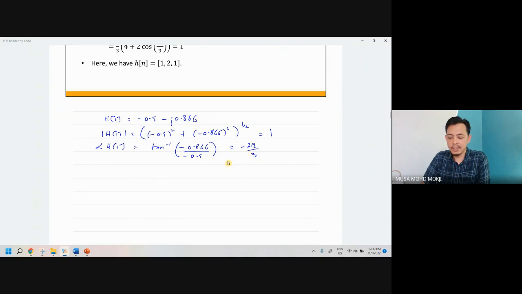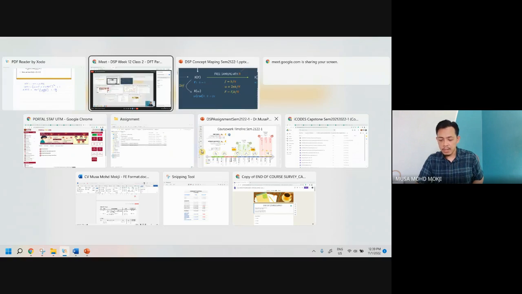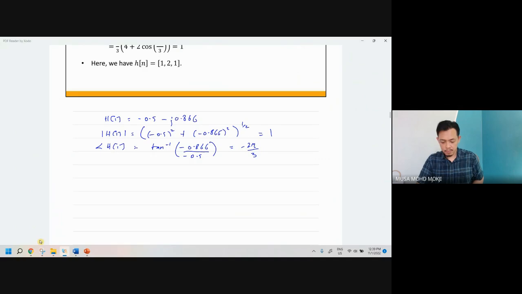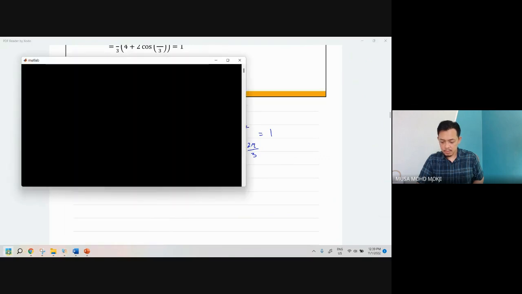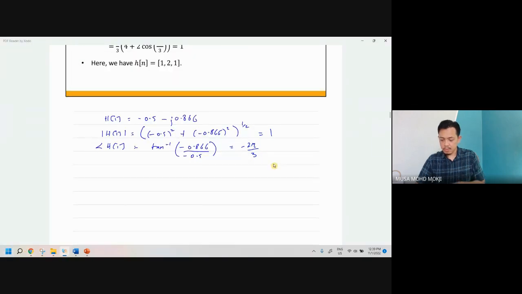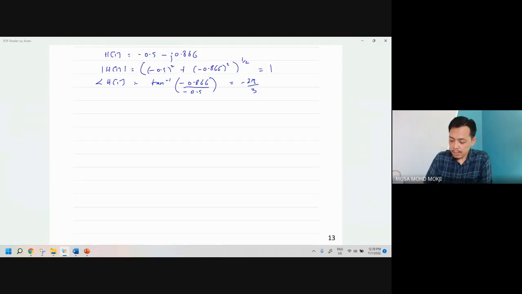Okay, so actually if you do that, tangent inverse of minus 0.866 divided by 0.5. Let's see, do I have my MATLAB here? Actually, when you do a tangent inverse, it is a bit tricky.